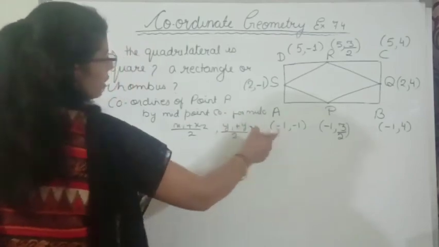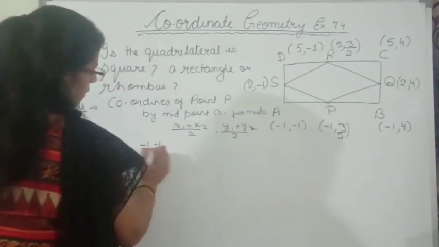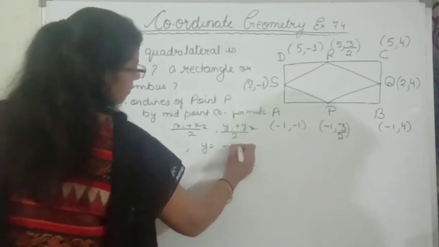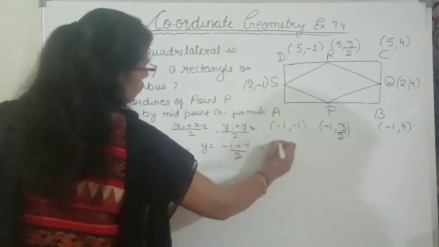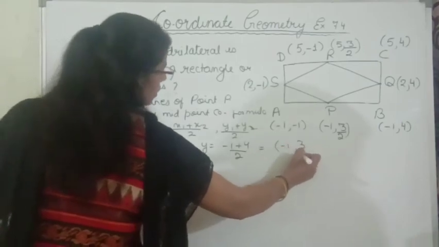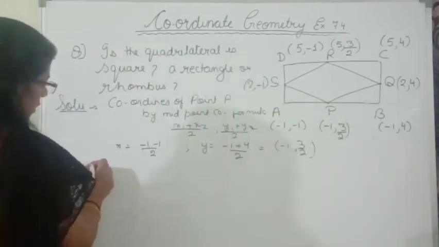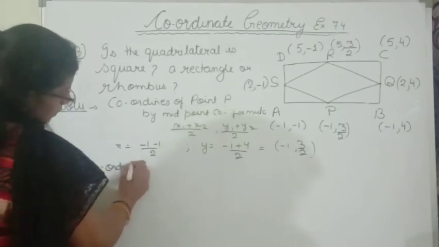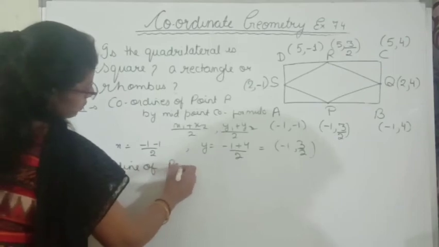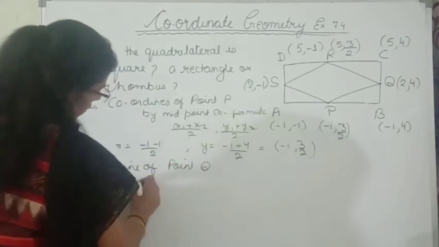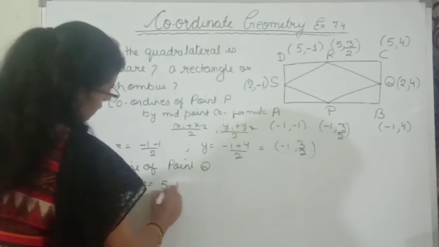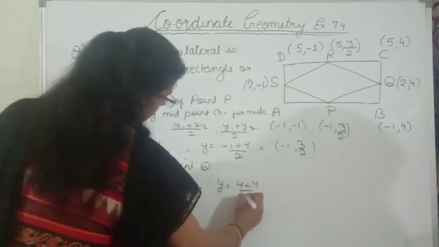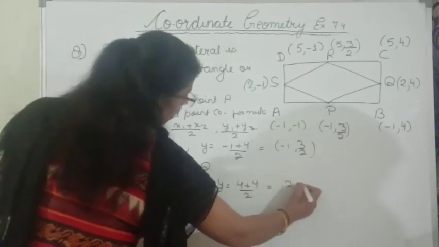So first let's find the coordinates of P. The x coordinate is -1 plus -1 divided by 2, and the y coordinate is -1 plus 4 divided by 2. So you got -1, 3 upon 2. Same way we can find the coordinates of point Q. The x coordinate will be 5 minus 1 divided by 2 and the y coordinate is 4 plus 4 divided by 2, that means 2 comma 4.